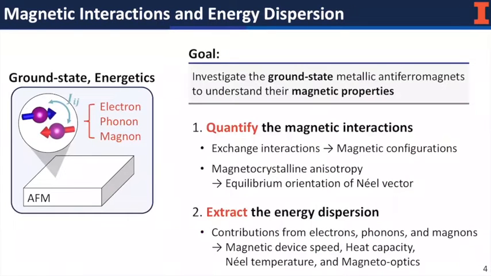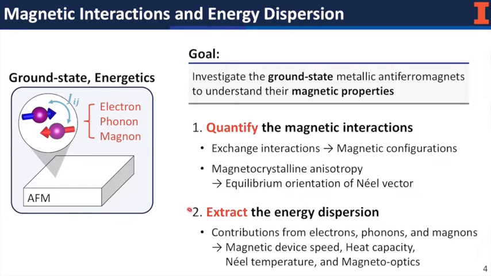So the goal of this project is to investigate the ground state of metallic antiferromagnets to understand their magnetic phenomena using first principle methods. In this project, the magnetic interactions are quantified as the exchange interactions and the magnetocrystalline anisotropy. Exchange interaction can explain the magnetic configurations, while magnetocrystalline anisotropy can answer the equilibrium orientation of the entire magnetic structures.